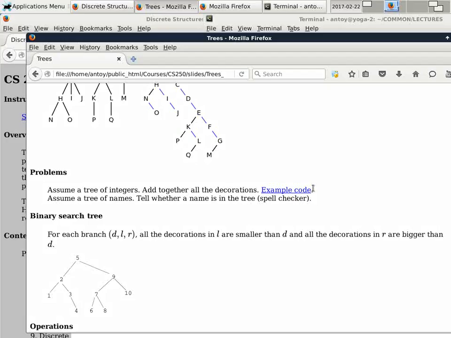All right, and now I enter 9. What do I do? I compare with 5. If 9 is equal to 5, which is not, I will say I'm done because I cannot put duplicates there. Otherwise, it's either smaller or larger. If it is smaller, I insert it in the left child.